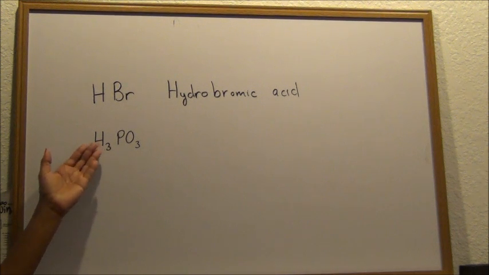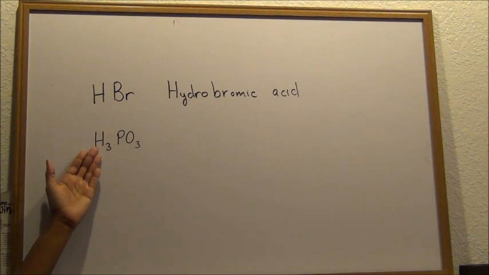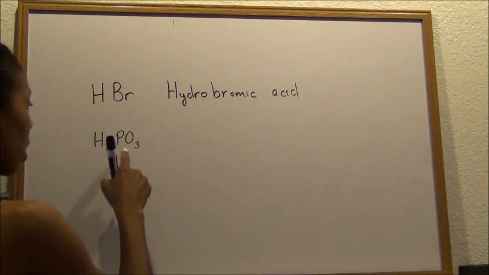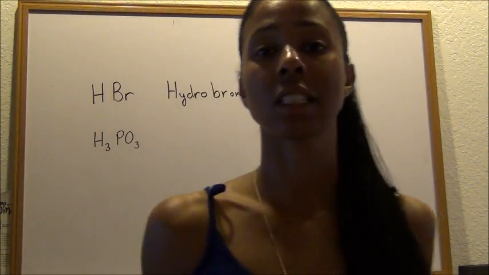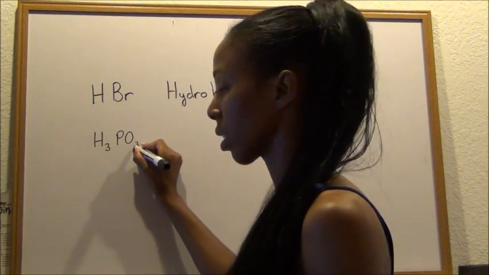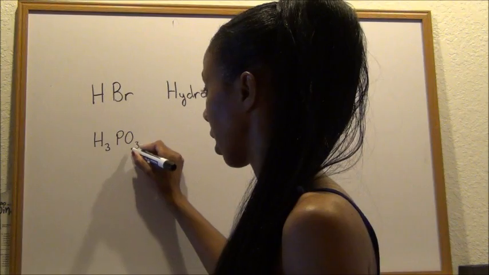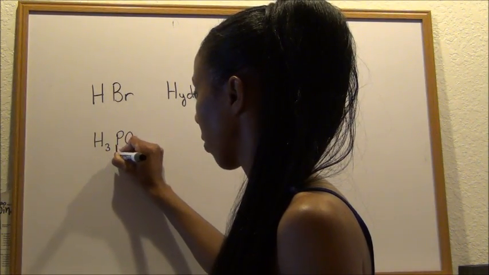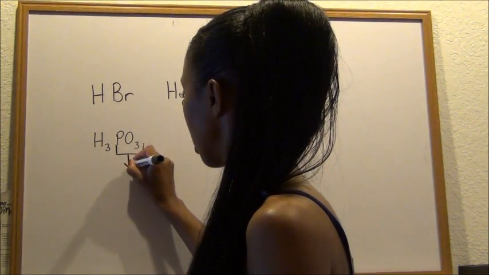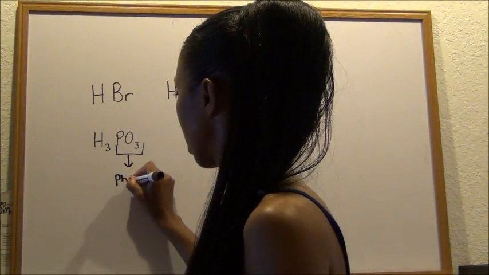Here, I have an acid, and I know I have an acid because hydrogen is written out front. Here I have an oxygen, so therefore this is an oxyacid, because it contains oxygen. So I'm going to figure out the name of my polyatomic ion. This is phosphite.